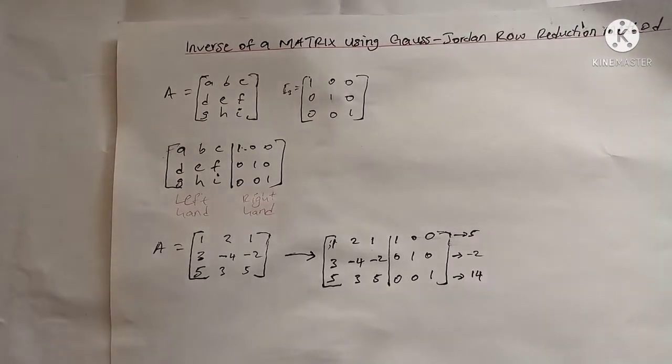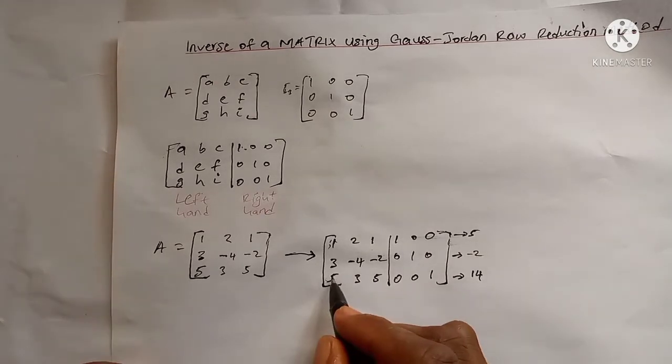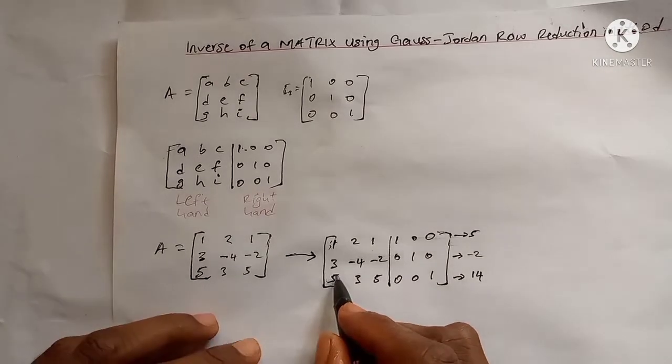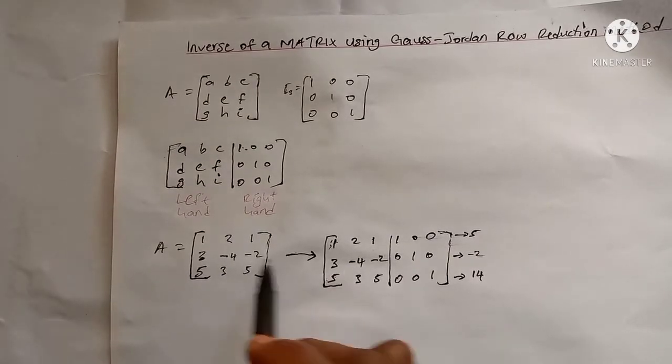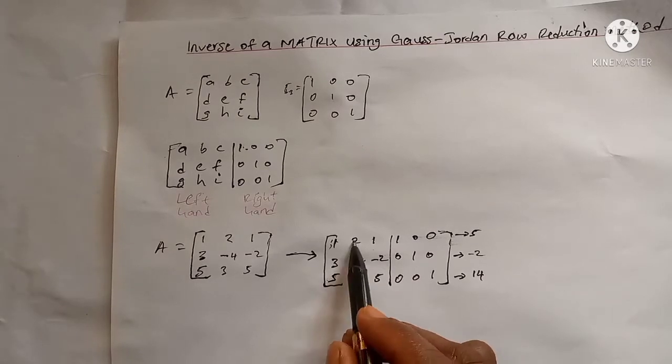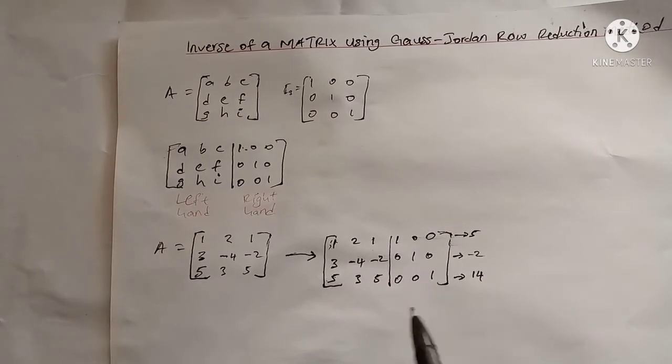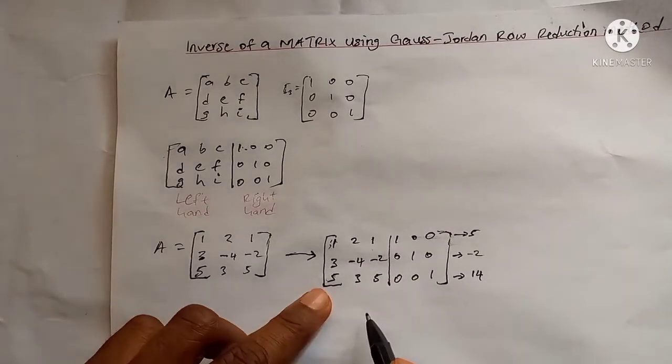Now our next step is to make this 5 equal to 0. Remember, we are going to make 3, 3 and 5 equal to 0, and then make 2, 1 and minus 2 equal to 0. How do you make this 5 equal to 0?